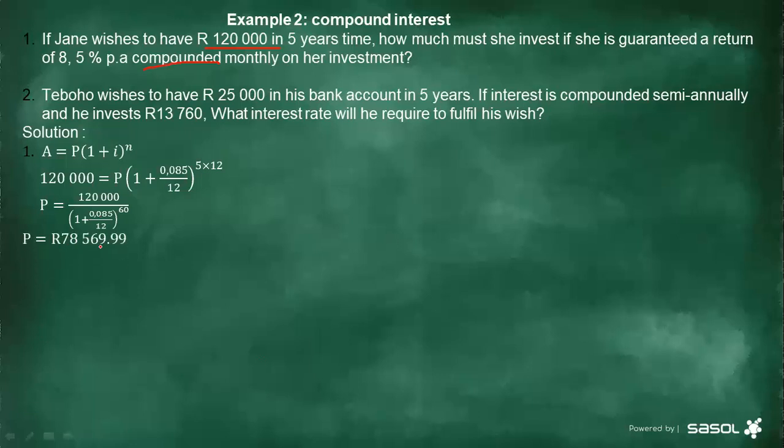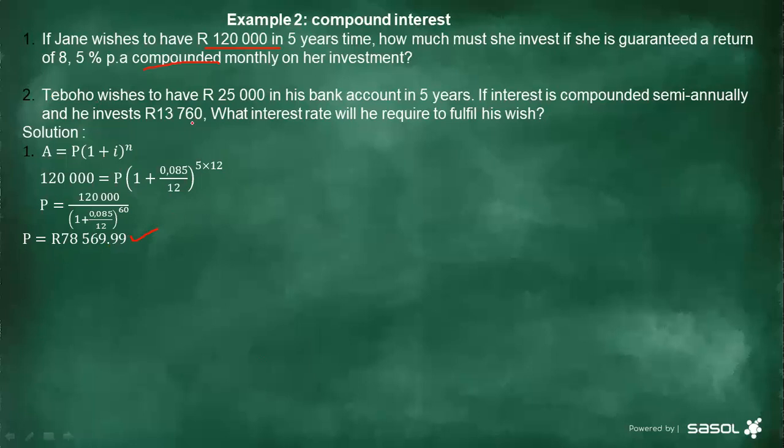The answer that we are getting is 78,569.99. So that is the amount of money that Jane is supposed to invest in order to get 120,000 in 5 years' time.